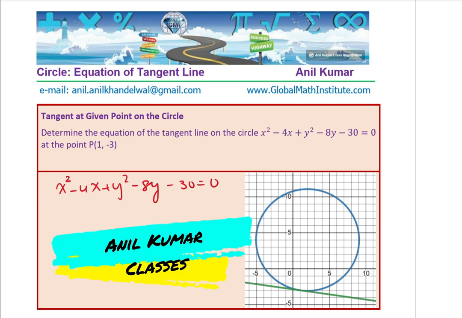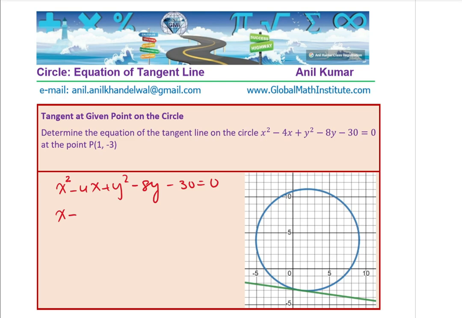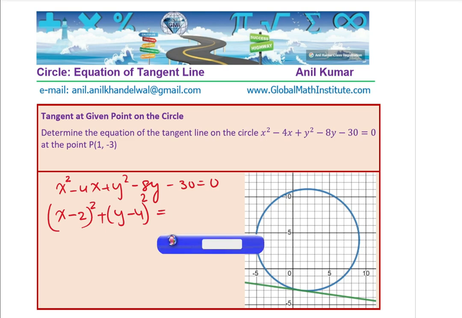By completing the squares, we converted this to x minus 2 whole squared plus y minus 4 whole squared equal to 50, correct? You can analyze directly. The center is half of these values. So that's an easy way. Many students know about that, so they could have done it with that. So we got the center point, which for us is 2, 4.